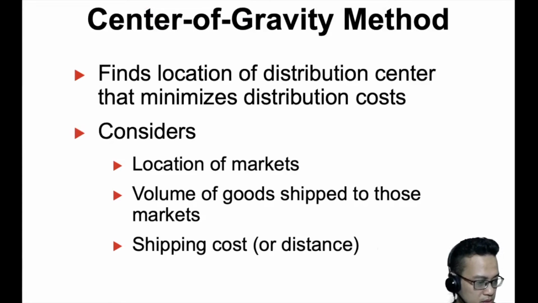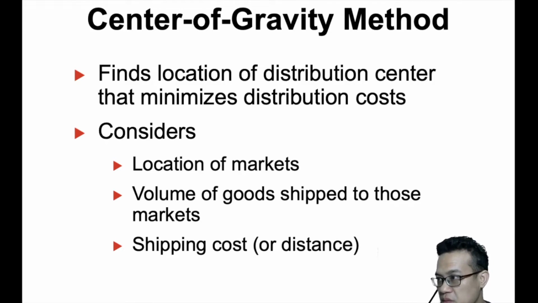Okay, the next thing is the next mathematical technique used for finding the location of a distribution center, which is the center of gravity method. It finds the location of the distribution center that minimizes your distribution cost. A few things that you need to consider are the location of the markets, the volume of goods shipped to the markets, and also shipping costs.